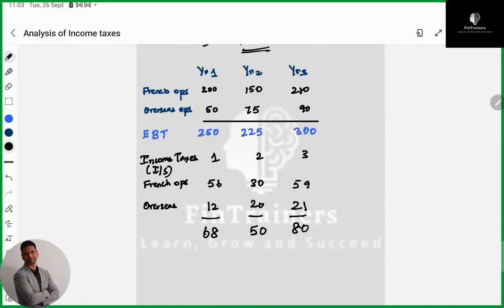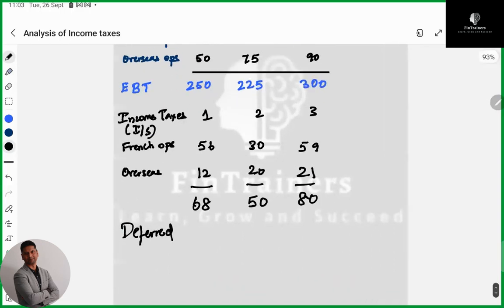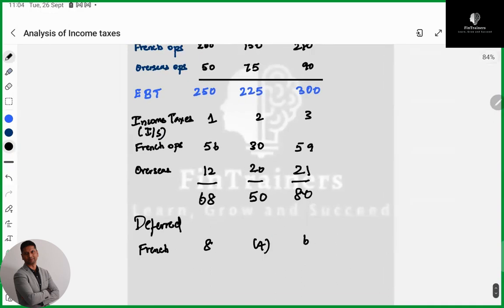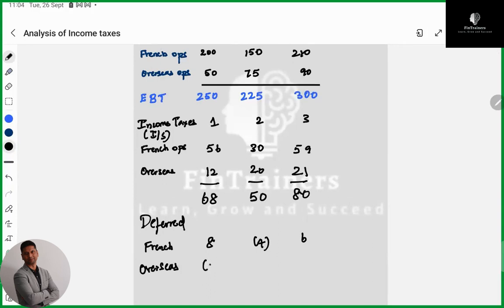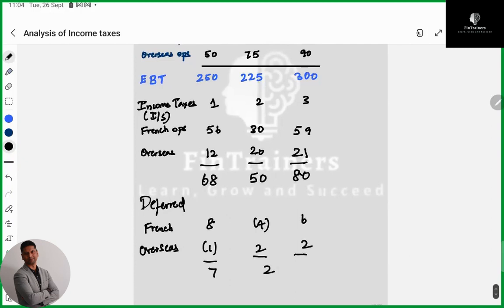And then we have the deferred items. For French, it was 8 DTA, then it became 4, negative 6. And overseas, we ended like that: 7, 2, 8. So calculate the effective tax rate for each of the years.